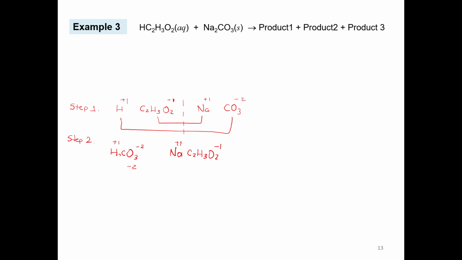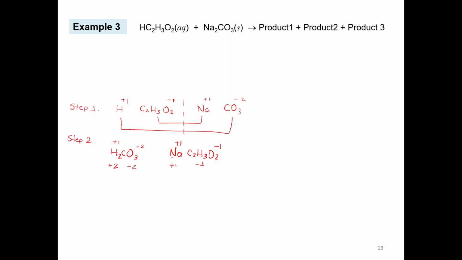Then we need to add 2 here, then 2 times 1 will be +2. Now we had a neutral compound, and in this case we had +1, we had -1, they are neutral.